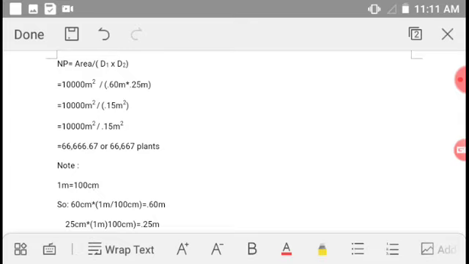Ngayon, i-divide mo siya sa 100 cm. Ngayon, ika-cancel out mo yung cm sa itaas, tsaka cm sa ibaba. So, nawala na yung cm. Ang maiiwan na lang is yung m. Kaya, magiging 0.60 meter. Divided by 100, pag kinompute mo siya sa calculator, ilalabas na yung 0.60.